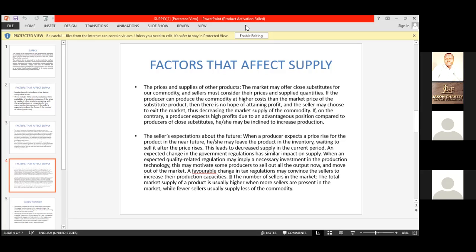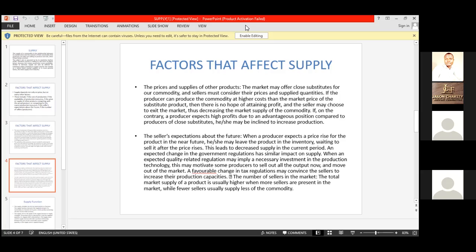You don't supply enough to the market, because you know that very soon, with time, the price will increase. So at that point you don't supply, you keep it and save your product. You supply small, but once the price increases, you push it to the market and make huge profits on it.